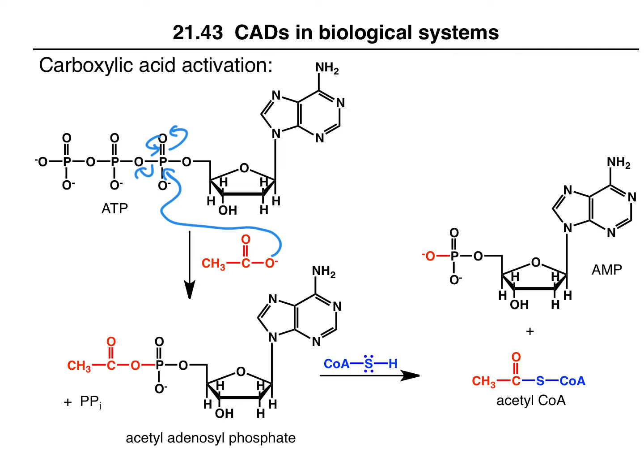Now, a nucleophile such as coenzyme A can react here, push these electrons up in a nucleophilic acyl substitution, comes back down, kicks out this whole entire leaving group to give acetyl-CoA. And acetyl-CoA, this is an example of a thioester. This is involved in about 1 million different biochemical pathways.